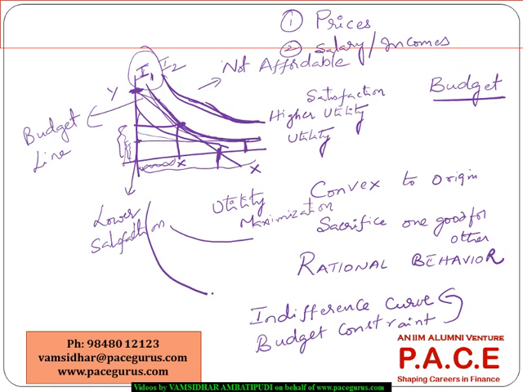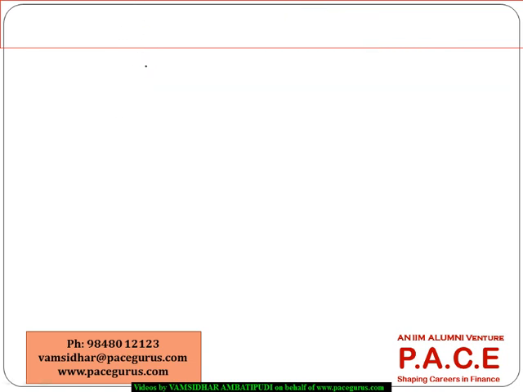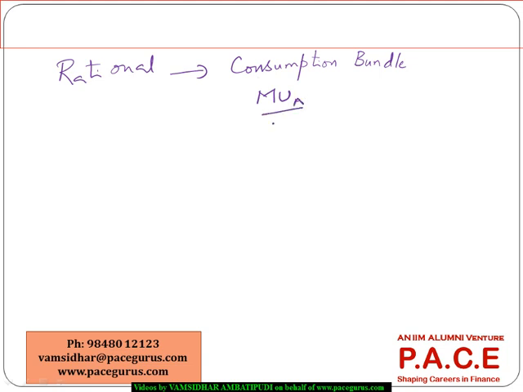The other way to put the same content is, if the consumer is more and more rational, his choice is that particular consumption bundle where the marginal rate of substitution, whatever he is willing to sacrifice of A for 1 unit of B, is the same as the slope of the budget constraint line.